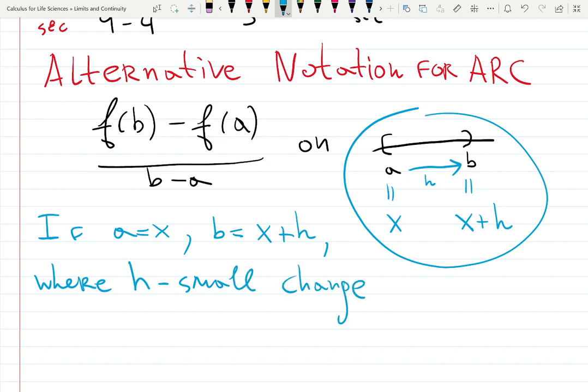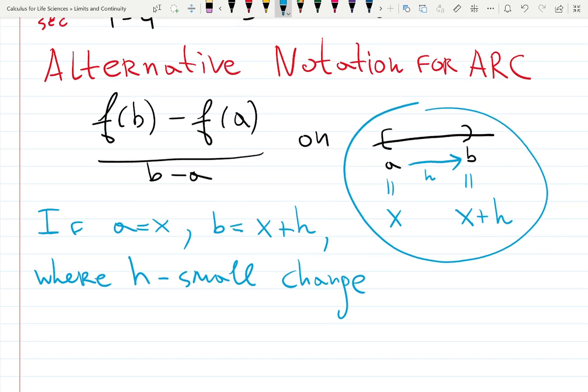Usually h is not in millions, unless you're talking about space science and stuff. Usually h is a small change, like 5 seconds, or 3 meters, or 2 people, but some small change.